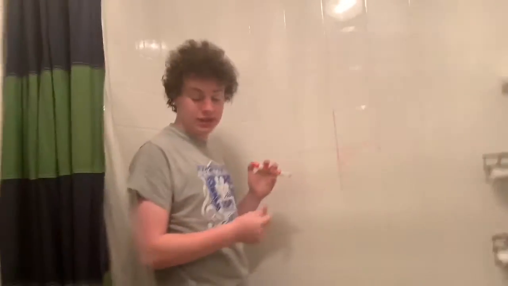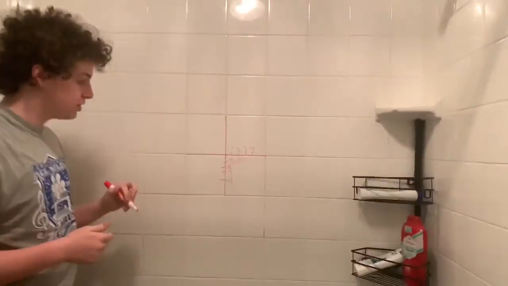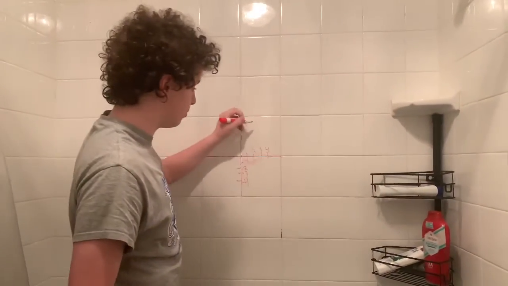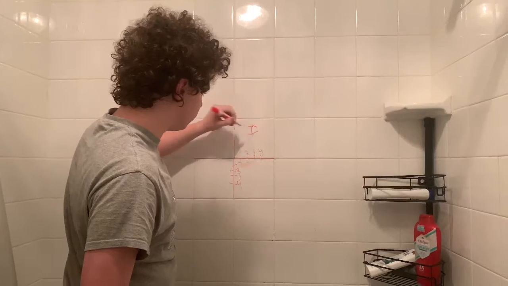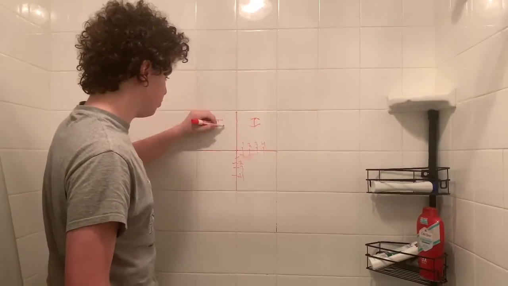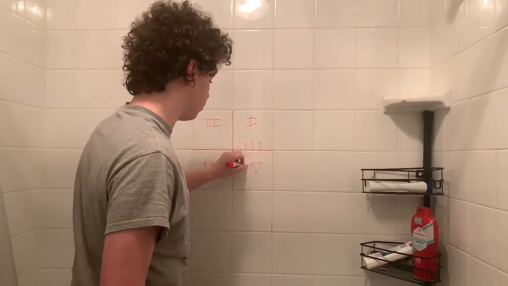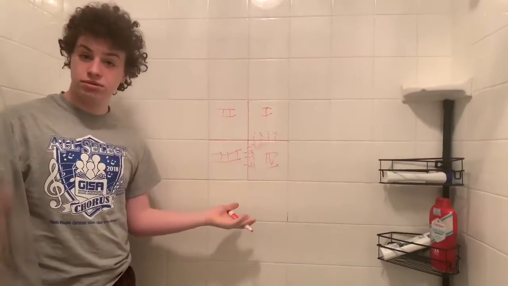So anyway, let's just get right to it. So let's start by naming all 4 quadrants. Right here is quadrant 1, quadrant 2, quadrant 3, and quadrant 4. Make sense? Yeah.